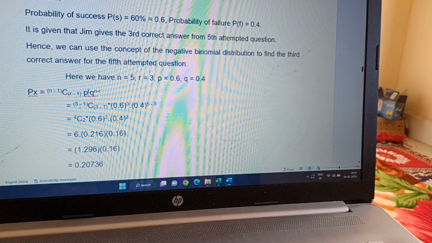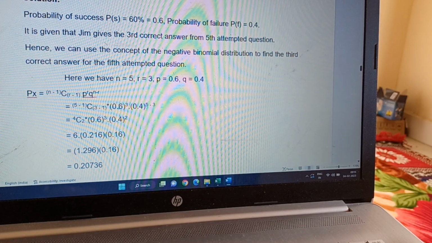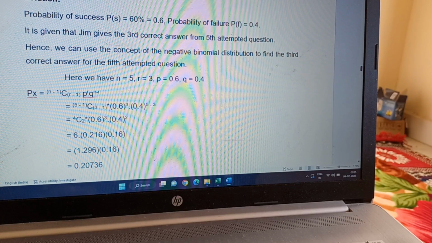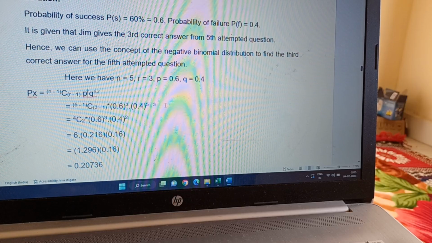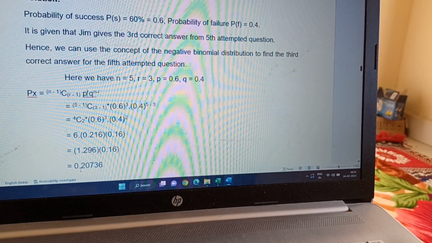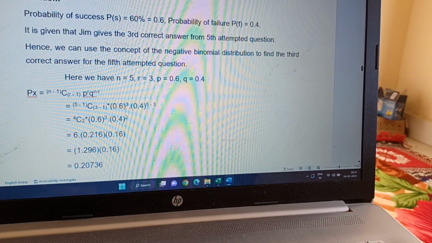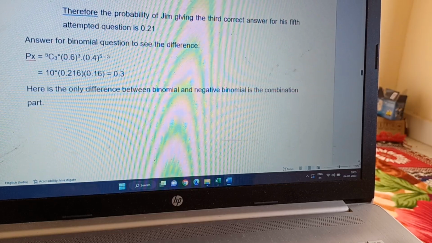So 5 minus 1 choose 3 minus 1, that is what has been already done. And 0.6 to the power 3, that is what is required, r is equal to 3. And q to the power n minus r. So this is the answer, and we get the probability equal to 0.2071, or if you write it to 2 decimal places, it will be 0.21.